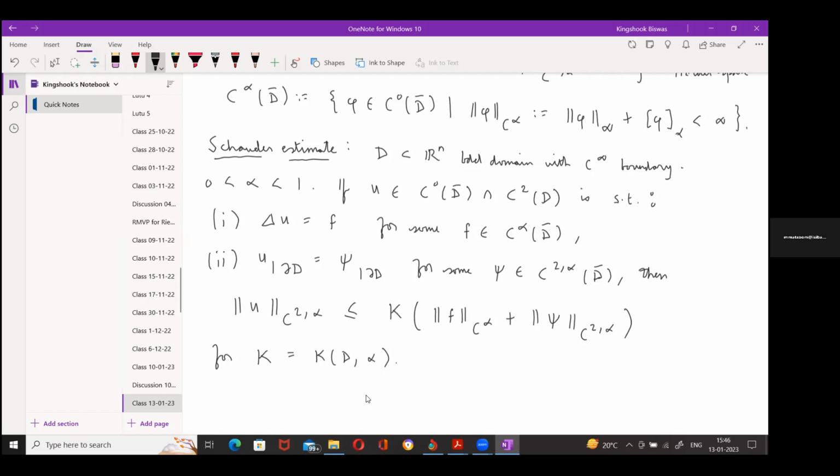So you see, what's interesting here is that the Laplacian is just a particular combination of second derivatives of U, whereas this C2 alpha norm involves the sup norms of all the second derivatives of U, right? So we're getting control of all the second derivatives of U just from control on the Laplacian of U, that is F. Okay.